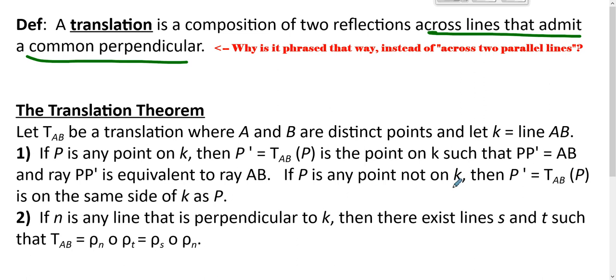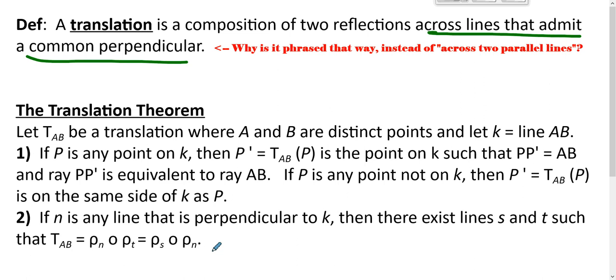If P is any point not on K, then its image is on the same side of K as P. We should note if N is any line perpendicular to K, then there exist these other lines S and T such that this does the job for us.